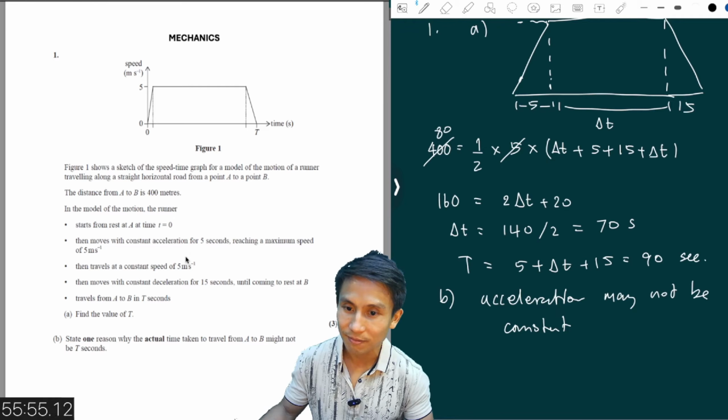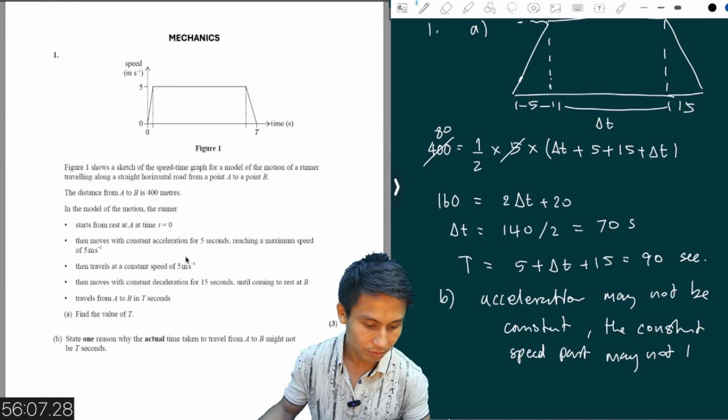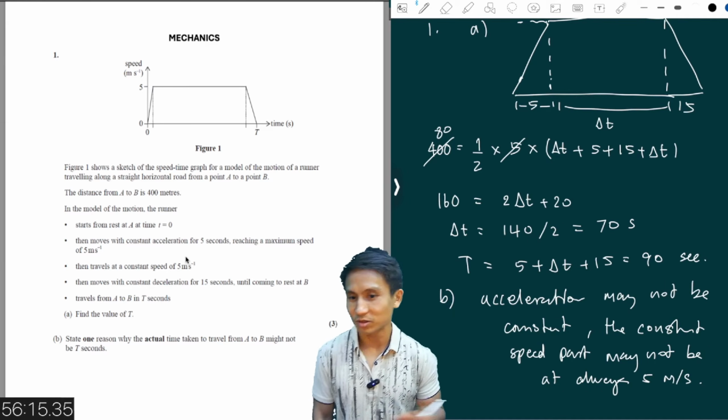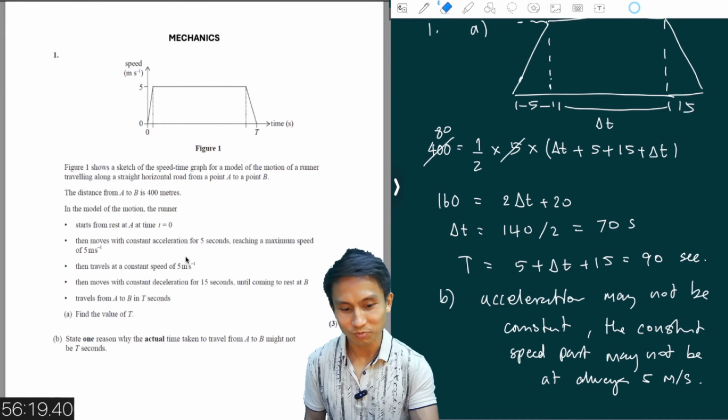And the constant speed part may not be always 5 meters per second. I'm just going to write that. Well, let's just choose one reason.